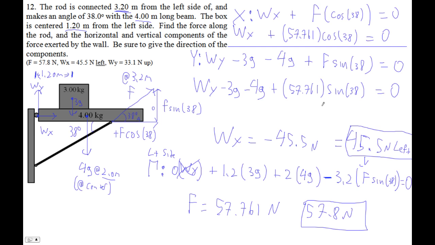Oh, no, don't divide. I'm going to subtract that, minus that times sine of 38. Having a hard time here. Okay, I think I got it. 33.1 newtons, the wall in the y direction. Now the fact that I get a positive number means that it's up. Ta-da.